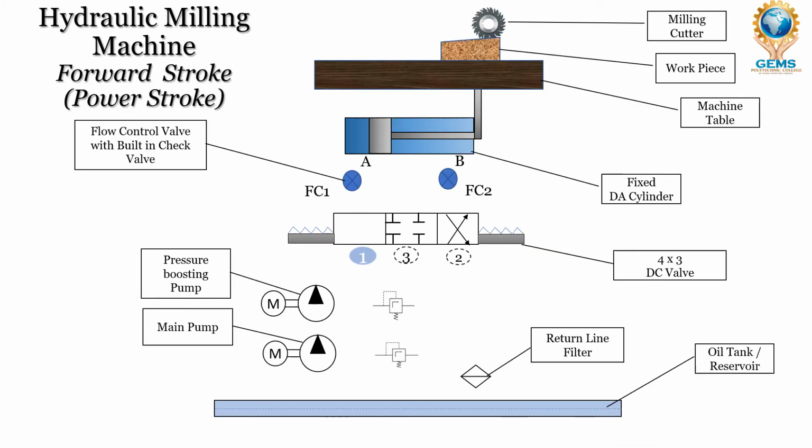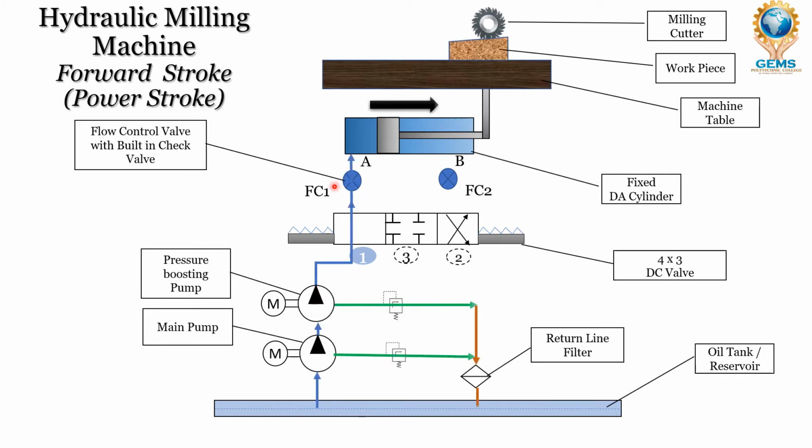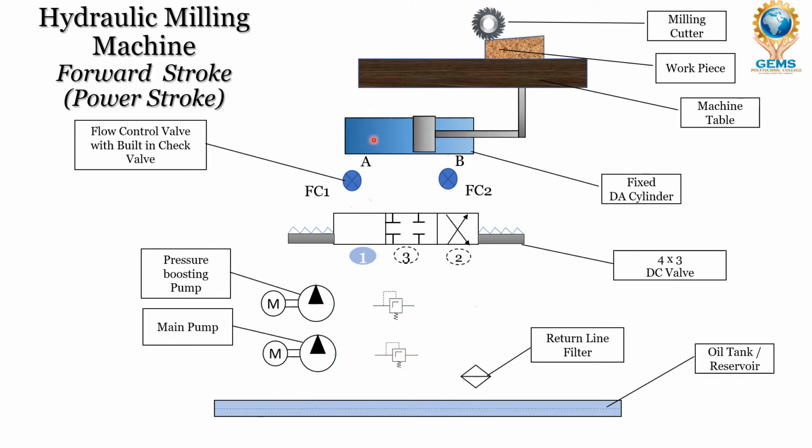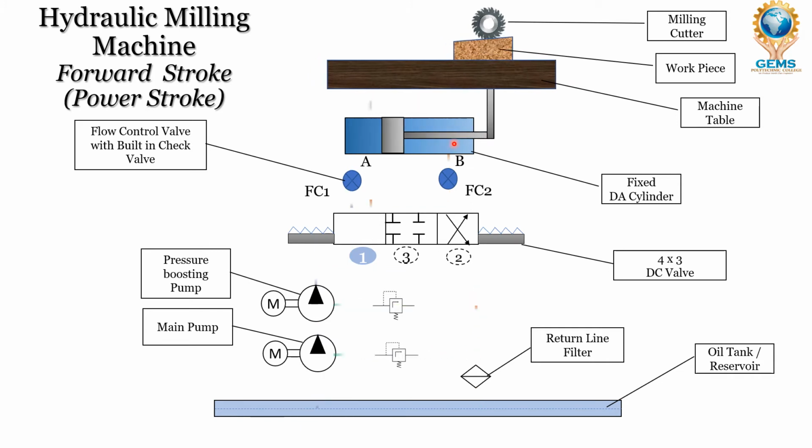Let's see the animation for the hydraulic milling machine forward stroke. How it works: now the cutter starts, and at the same time the oil from the main pump goes to the pressure boosting pump, and from the pressure boosting pump it goes to flow control valves 1 and 2 through port A, so that the oil moves the piston from left to right.